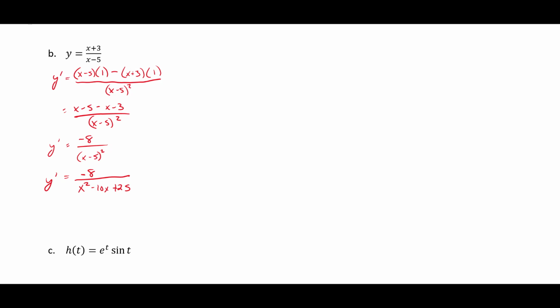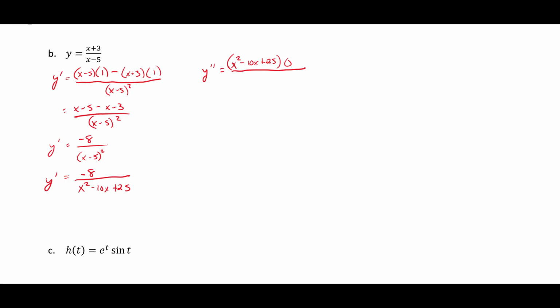So now let's differentiate this. So y double prime: we've got to use the quotient rule again, at least for the time being. So low d high, so x squared minus 10x plus 25 times the derivative of negative 8, which is 0. Why?